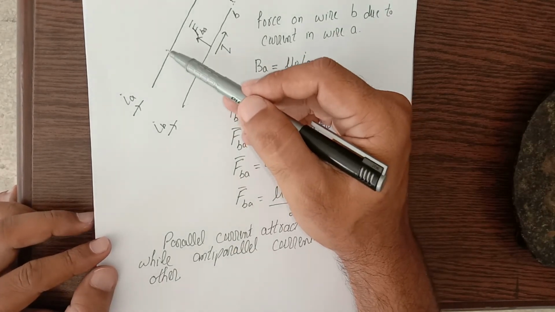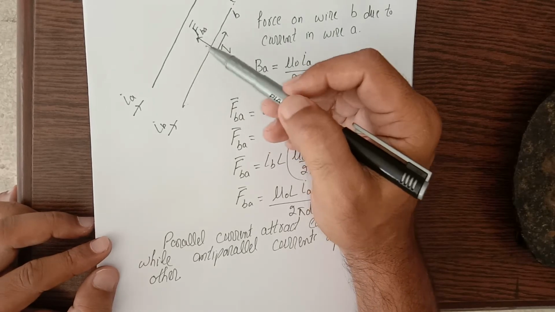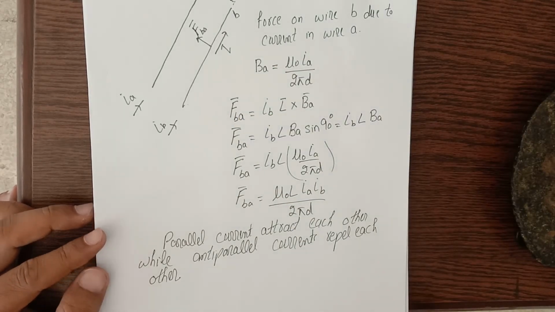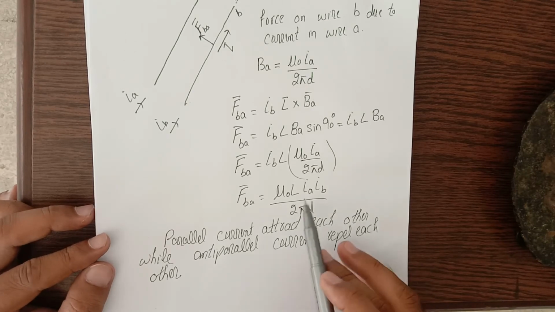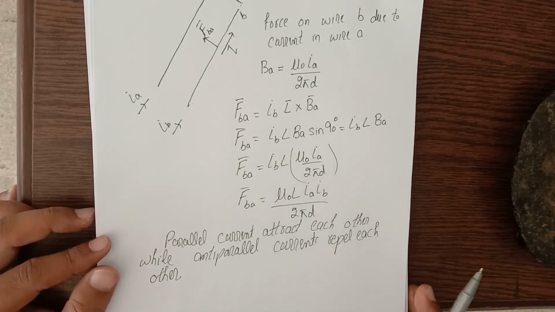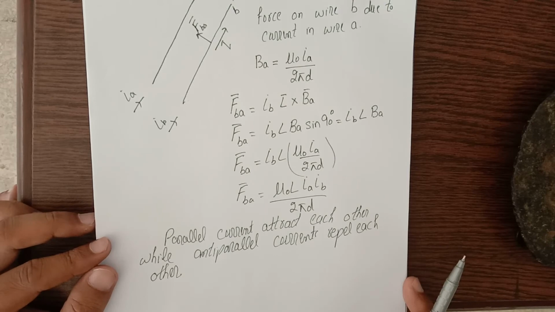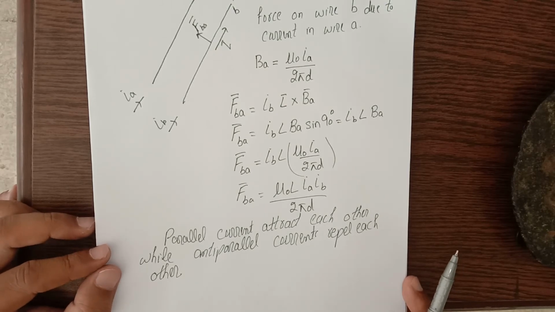In this case the two currents were parallel, so they would attract each other, and the force would be the product of these two currents. And if they are anti-parallel, then they would repel each other.